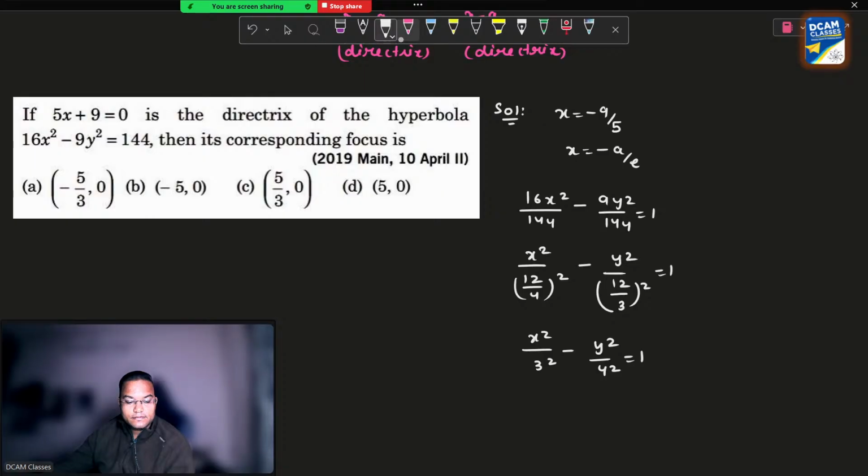Don't worry. So option C. Option C minus, C is 5 by 3 comma 0.